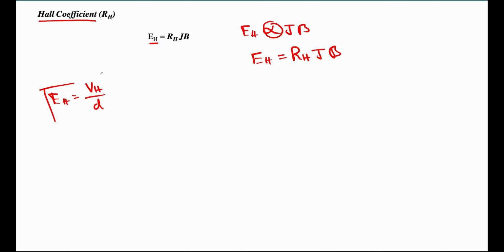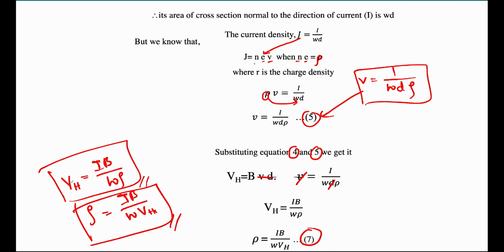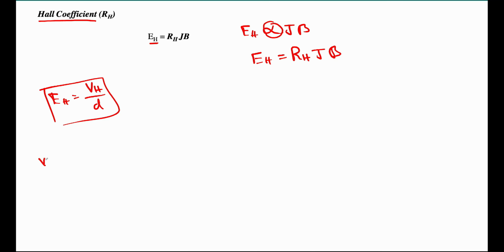We already derived VH, which is IB by W into rho. So VH equals IB by W into rho.